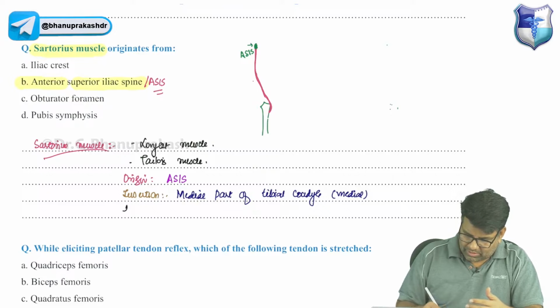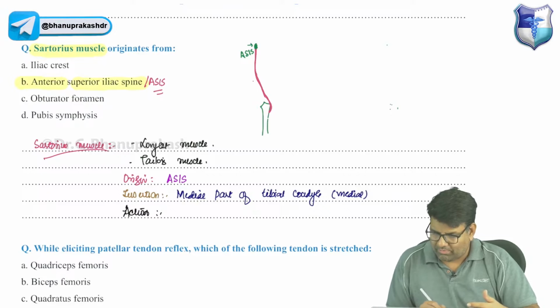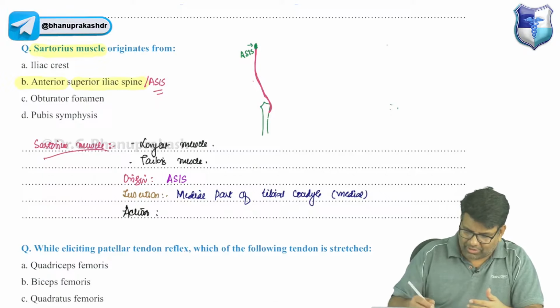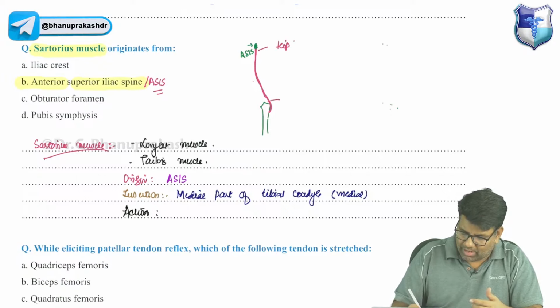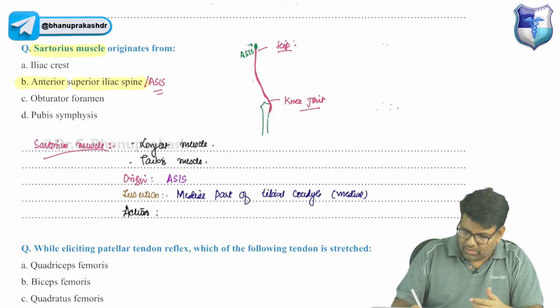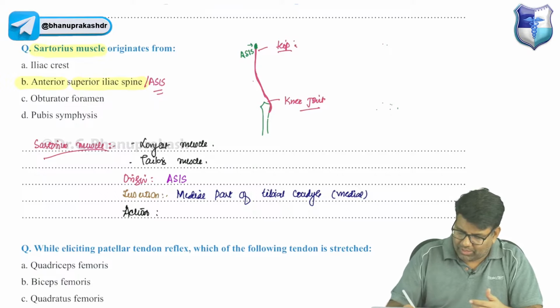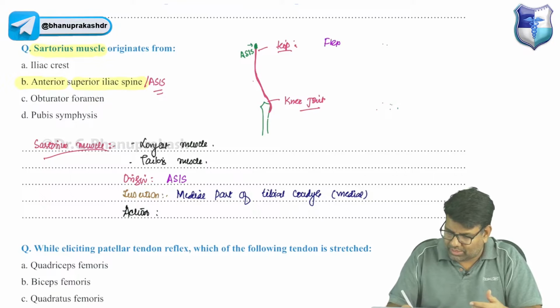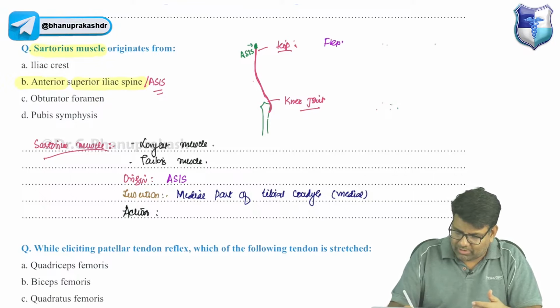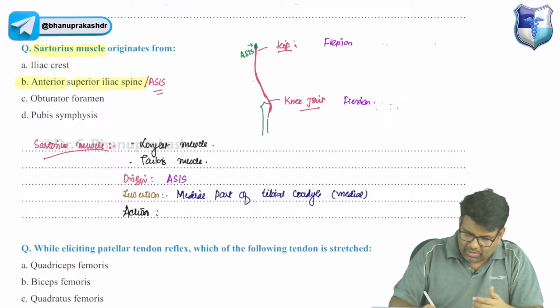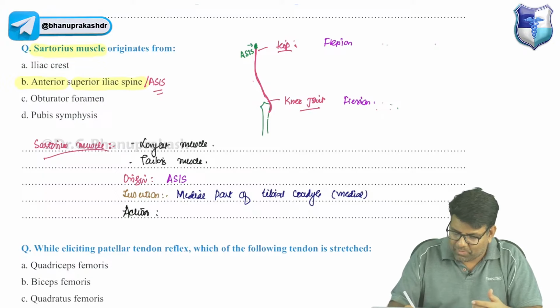So what happens now? Based on this, we can discuss the action of the muscle. Very good. Flexes both hip and knee. Very good. So actions are at both hip joint and knee joint. What is the action at the hip joint? One is, of course, well said by Sertraline, flexion. Here also flexion. Then anything else?